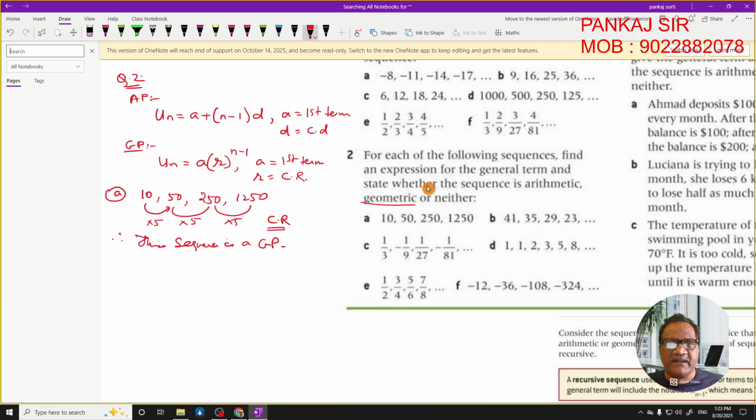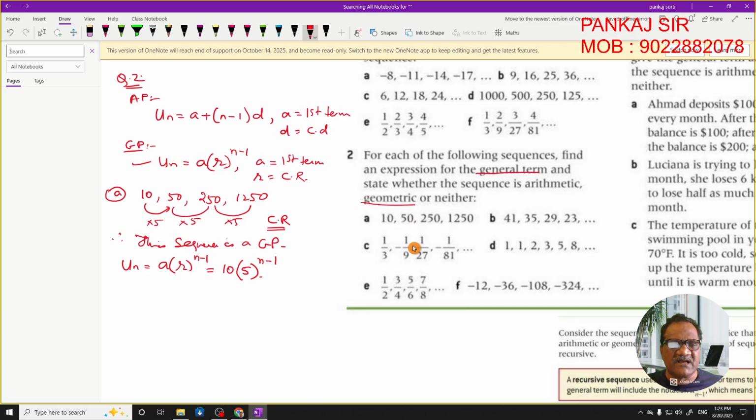Now they have asked us to write the general term also. As I told you, the general term for any GP is un is equal to a times r raised to n minus 1. For this particular sequence, a is 10 times r, which is 50 upon 10, that is 5, raised to n minus 1.